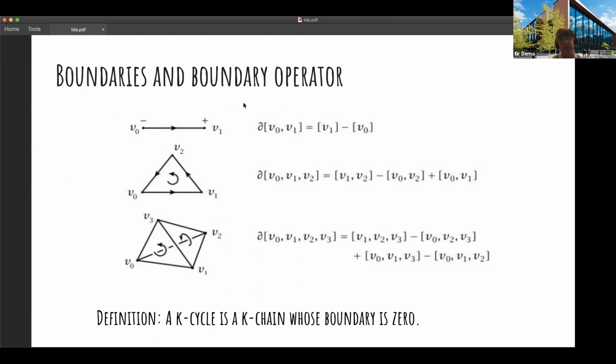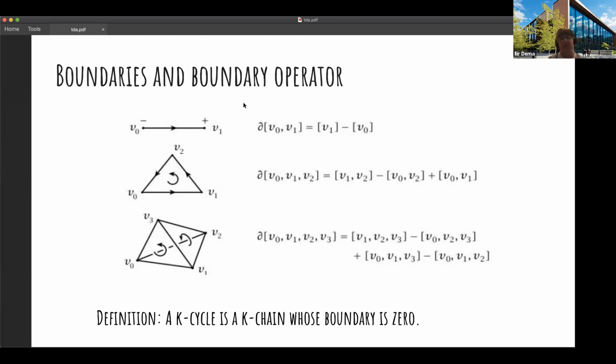So by choosing an orientation, we can formally write the boundary map as you see in the image. You see the boundary map written for a one-dimensional simplex, for a two-dimensional simplex, and for a 3D simplex, a tetrahedron.